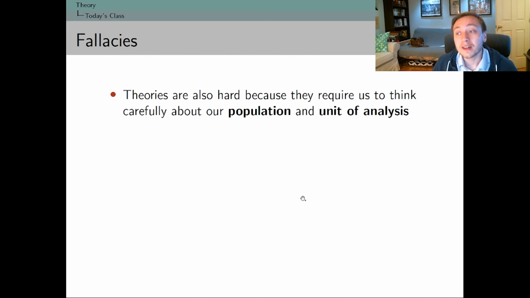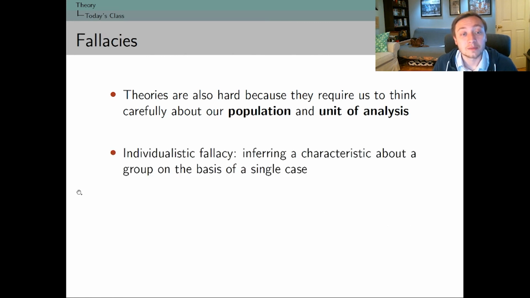Depending on the level of zoom in your microscope, whether you're looking at individual people, or states or countries or regions or cities, depending on that unit of analysis, certain fallacies can come into play.